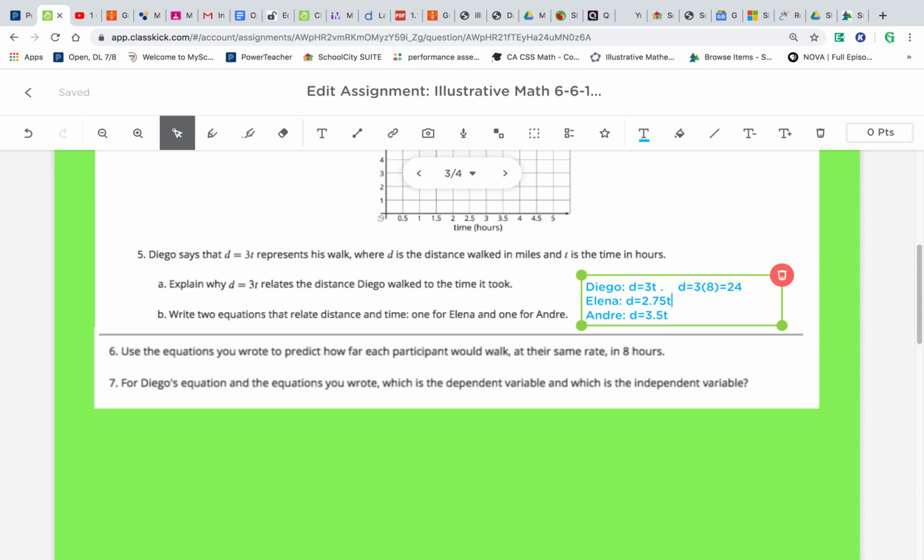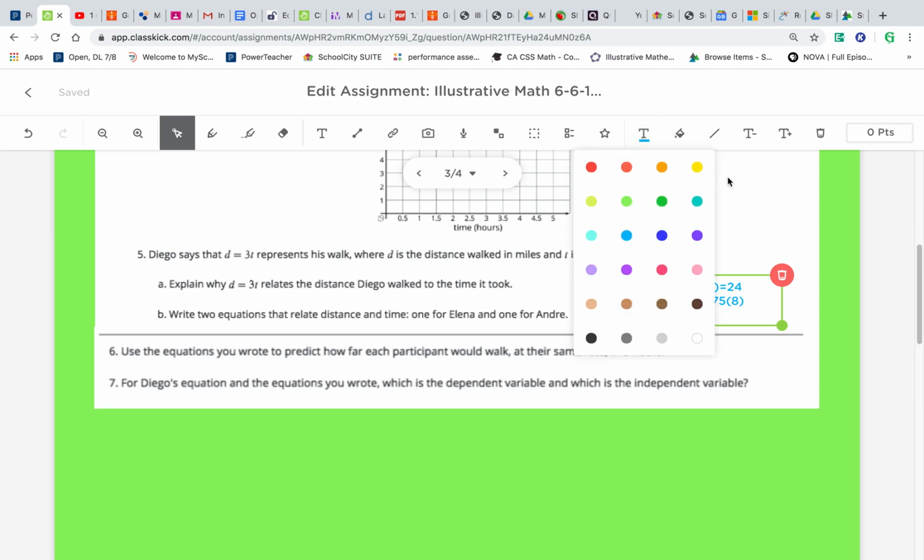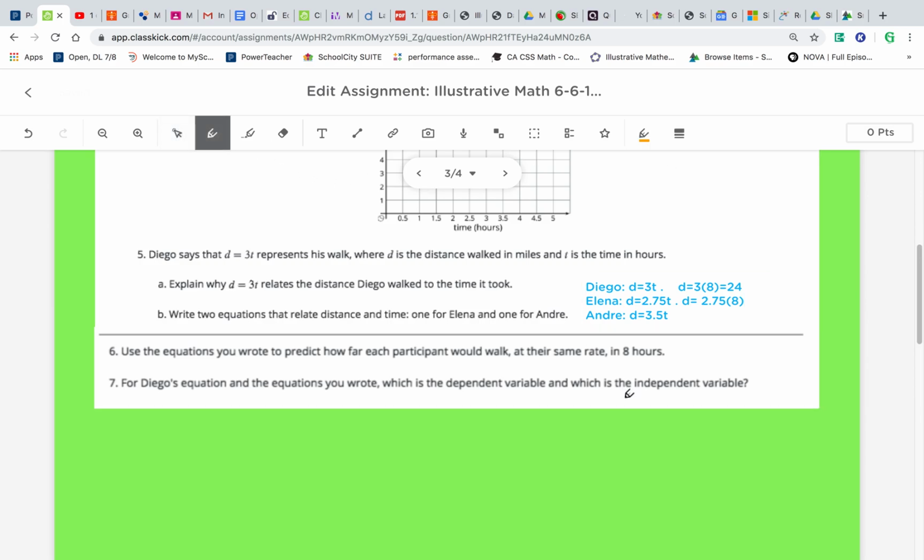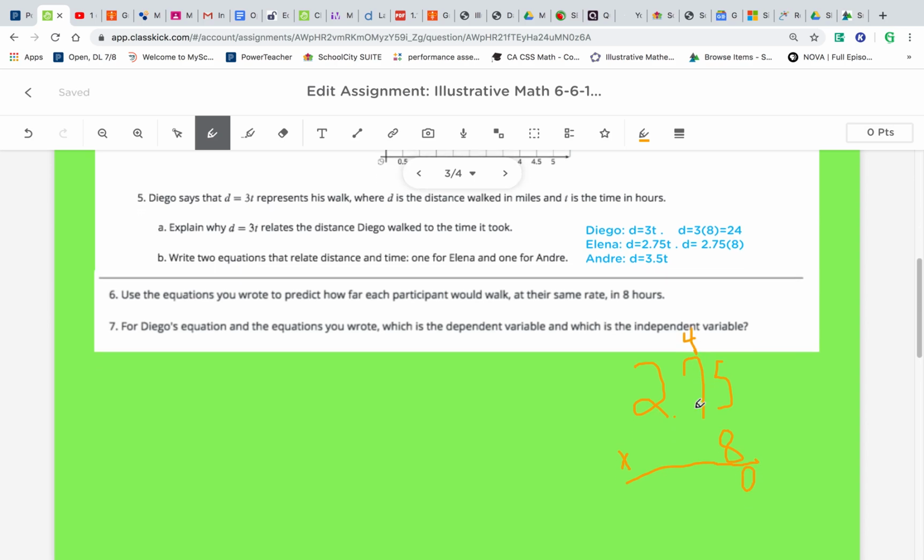Then we come down here for Elena. It's going to be d equals 2.75 times 8. Let's work that out. 8 times 5 is 40, 0, carry 4. 8 times 7 is 56, plus 4 is 60.